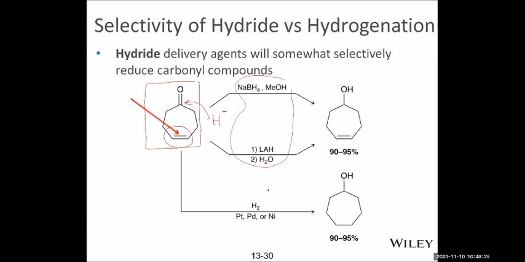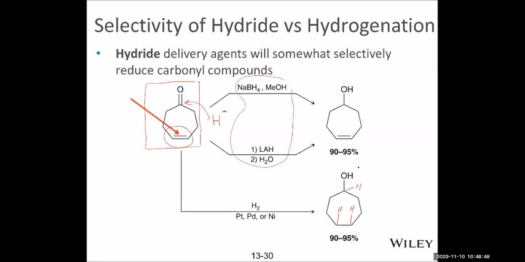But with hydrogenation, using metal as a catalyst, the hydrogen will add to both the carbonyl and the carbon-carbon double bond. So you can see this part being saturated. The stereochemistry, if you remember, is a syn addition. With the carbonyl, we actually cannot tell whether it is syn or anti.